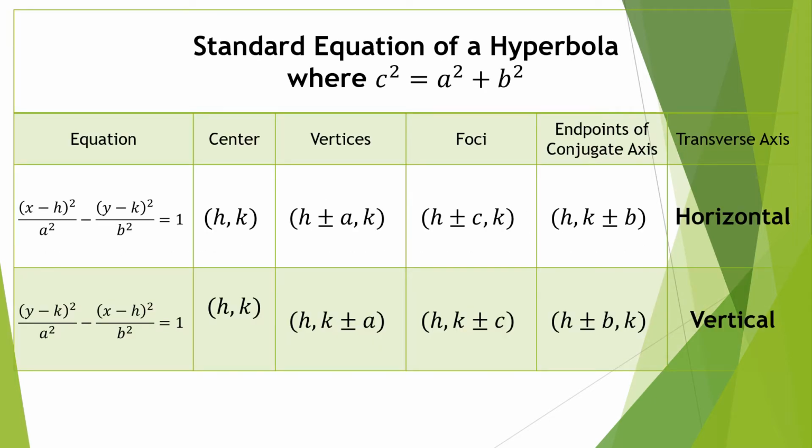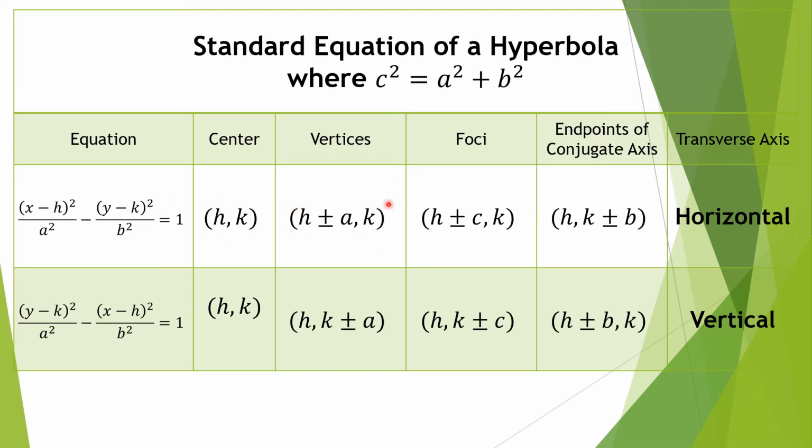Okay, so we have here the standard equation of a hyperbola where c squared equals a squared plus b squared. If the equation is in the form of the quantity x minus h squared over a squared minus the quantity y minus k squared over b squared equals 1, the center is at (h, k).